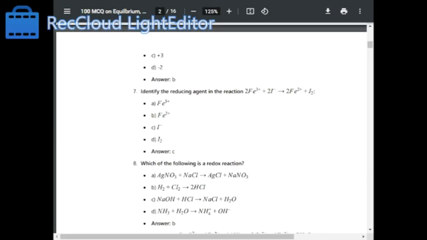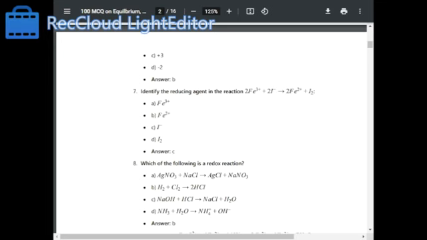Question number 7. Identify the reducing agent in the reaction 2Fe3+ plus 2I minus is equal to 2Fe2+ plus I2. The reducing agent in the reaction is I minus.